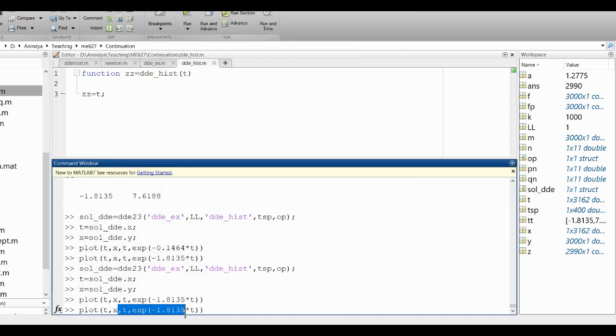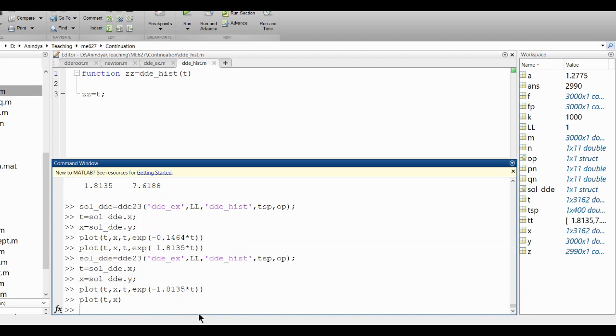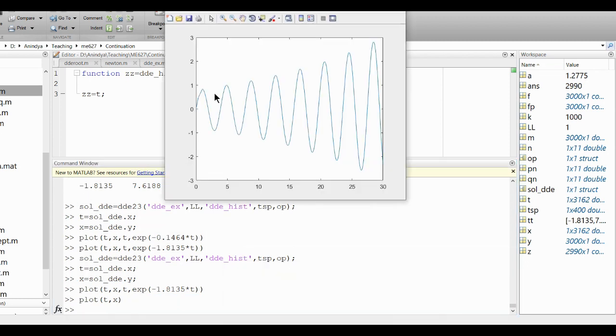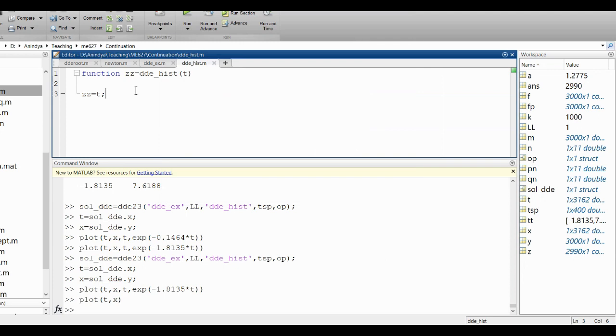We have changed a, but you see now there is a growing solution, right? Since this is past pi by 2, a is not small, right? A is a little bit bigger than pi by 2, right? If a was exactly pi by 2, we would have a solution that was perfectly sinusoidal, okay.